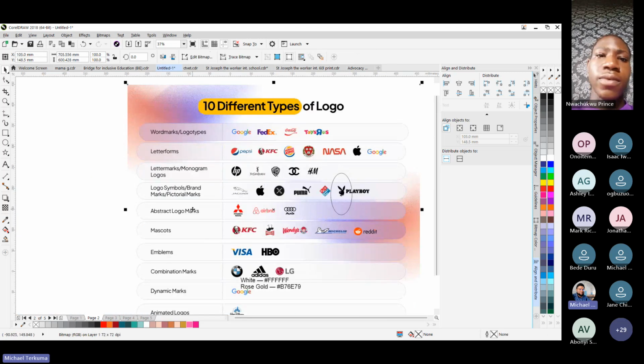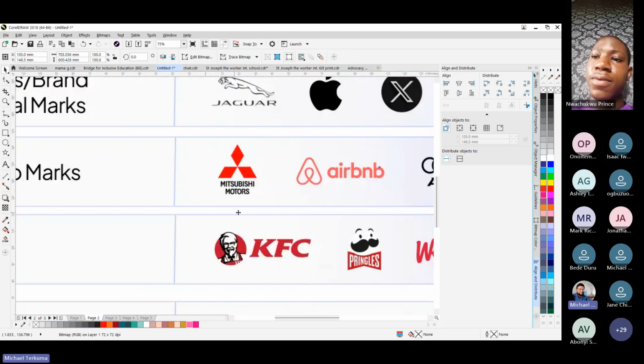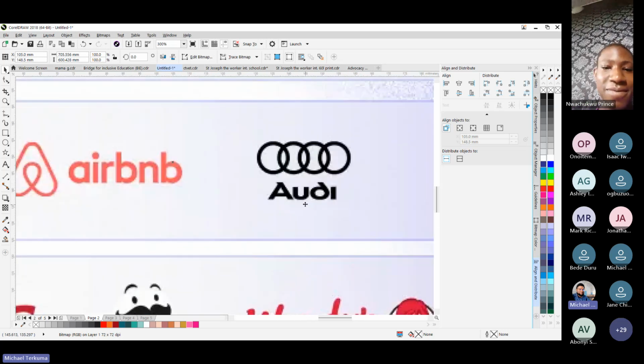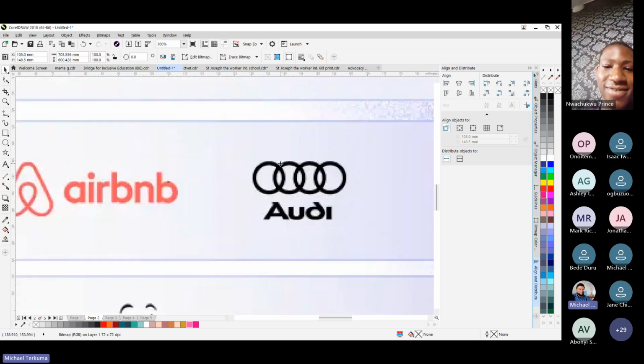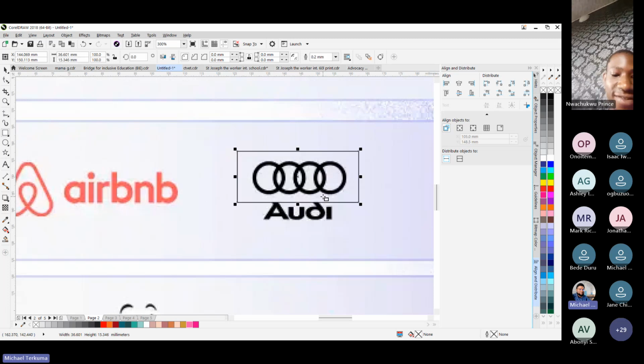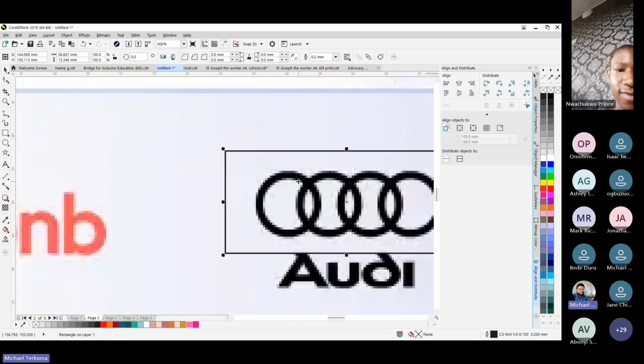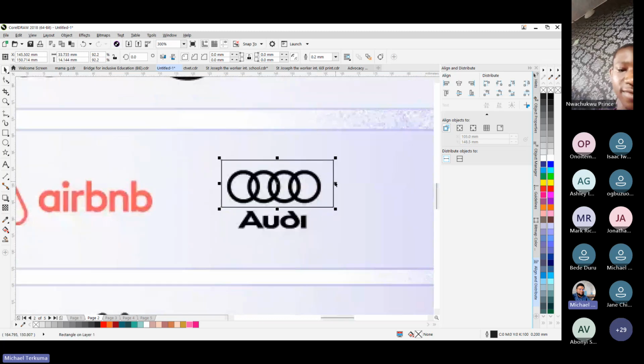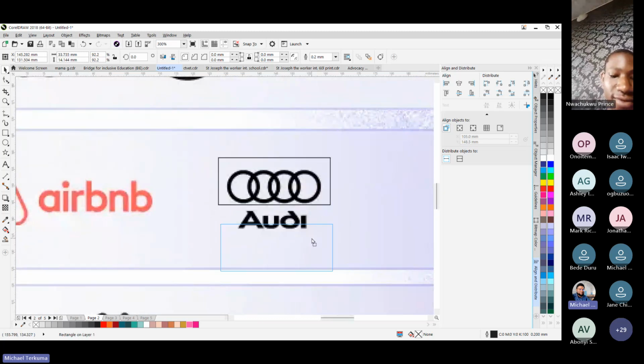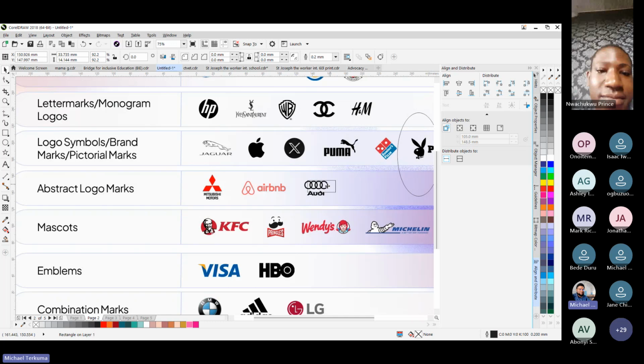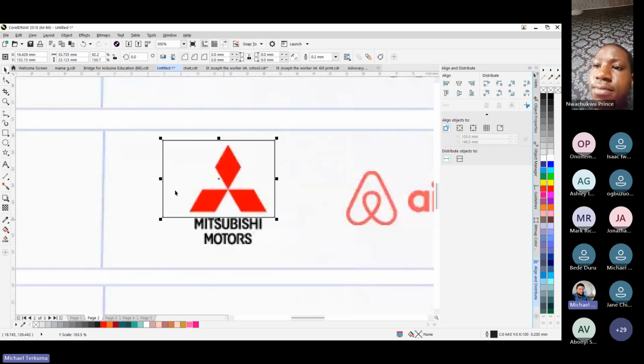Look at this abstract logo. If you look at this ID car, most of the time you have only this on their vehicle. So these people can represent the brand only with this logo, or they can write it this way. The same thing with this model brand. Most of their boots just have this logo on it.